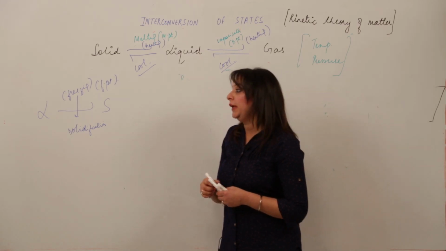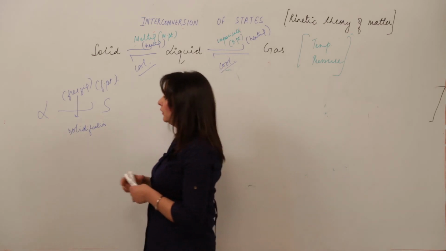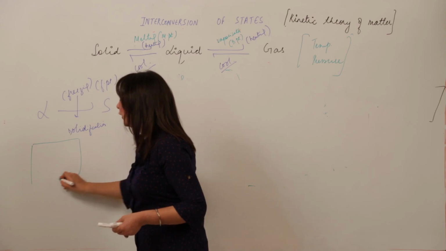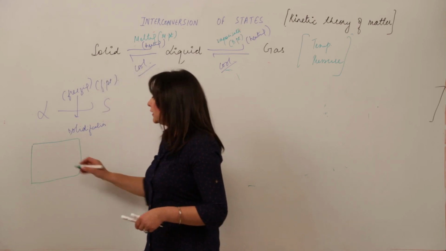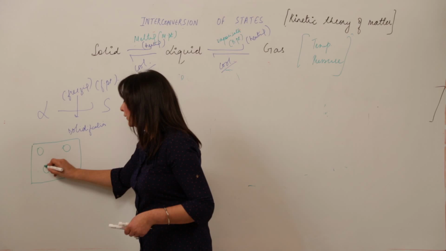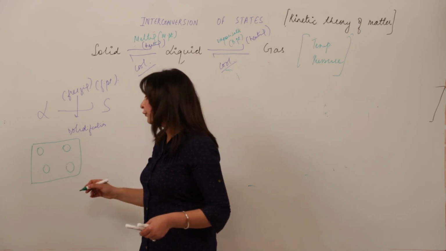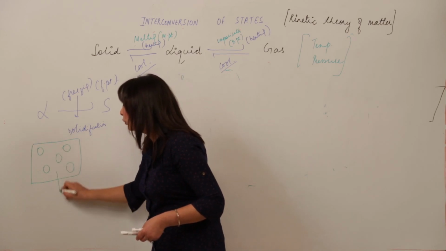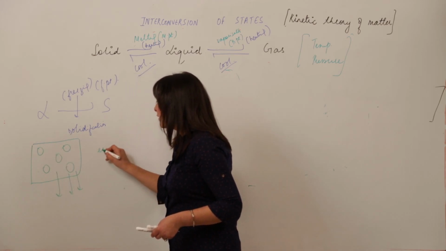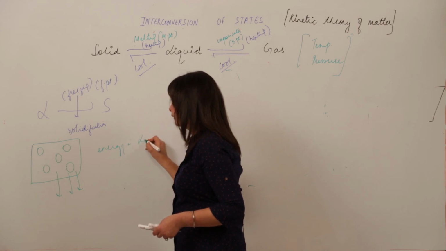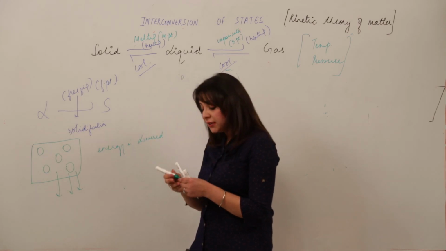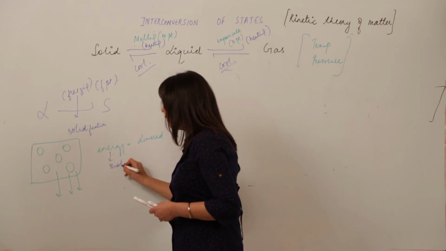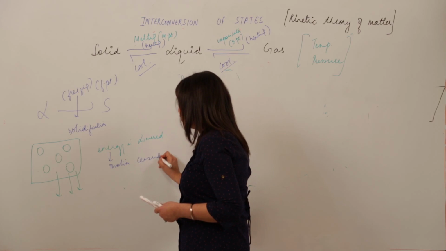Now, how can it be explained on the basis of the kinetic theory of matter? Same as we did in the case of solid to liquid, the reverse happens for it. See, in a liquid, particles are like that. There is a space, less force, as I have told you, all properties. Now we are cooling it. When we are cooling it, that means energy is lowered. When the energy is lowered, the motion is decreasing.